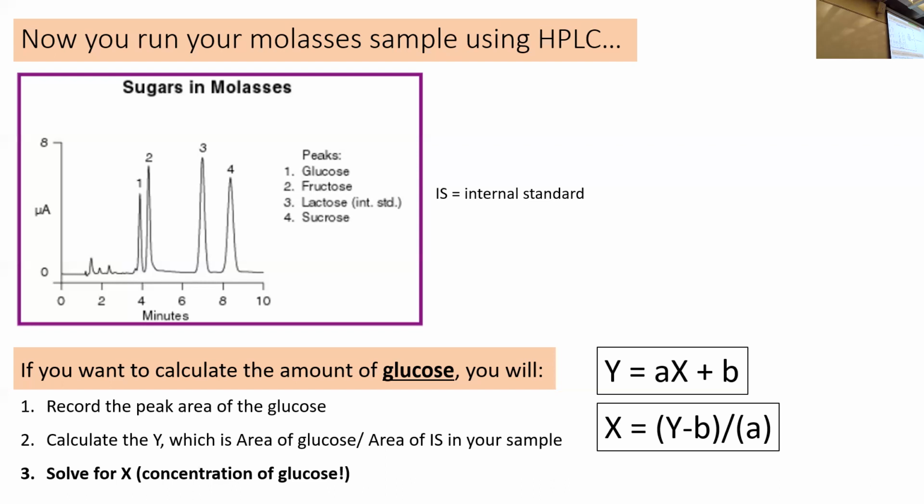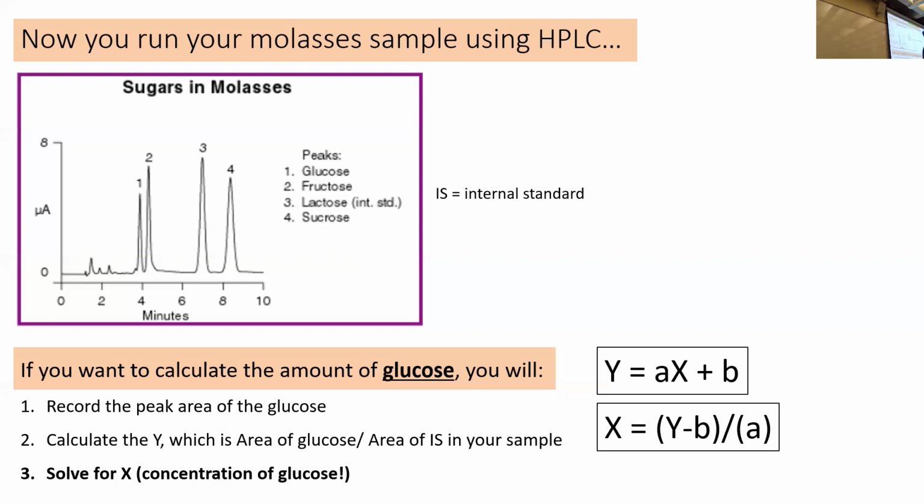That's why it's semi-quantitative. We didn't run a standard curve, we just compared relative areas, and that's how you got the composition of fatty acids. It's not the exact concentration. If you want the exact concentration, you need a standard curve. So your values are not going to be exactly the same as the SDA values when you compare your percentage composition, but they're going to be very close because you didn't do a calibration calculation.